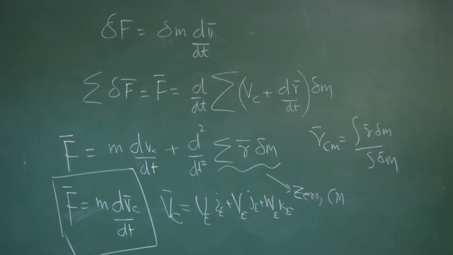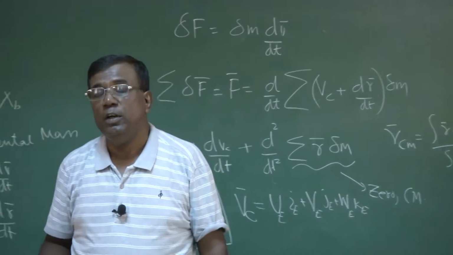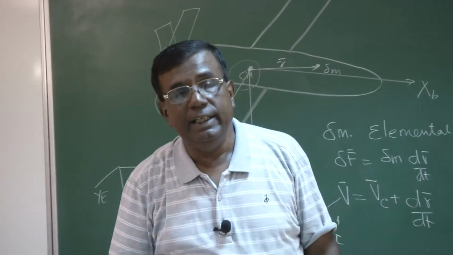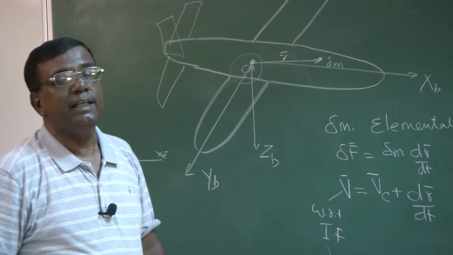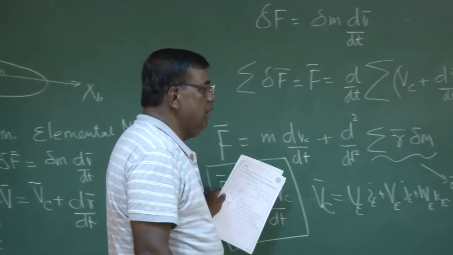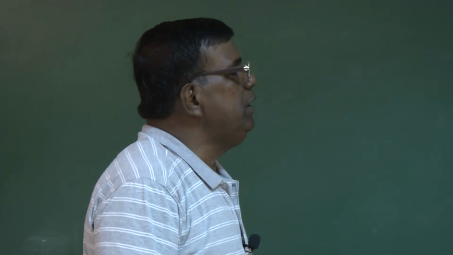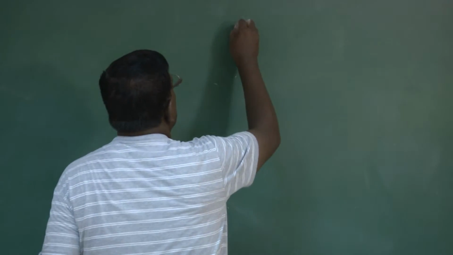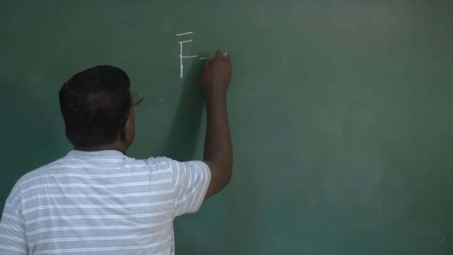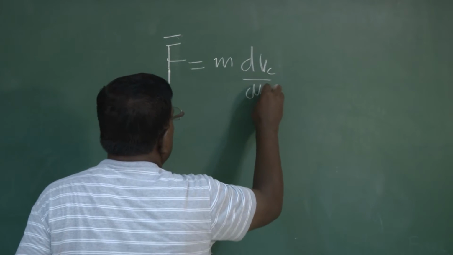IE, JE, KE are the unit vectors along the inertial frame, and UE, VE and WE are the components of V measured with respect to the inertial frame, resolved along IE, JE and KE of the inertial frame. Right? So all you are talking about is the inertial frame here. We are not talking about the body frame at all till this point. Once we completed the linear motion, that is, we write F equal to m dVc by dt.